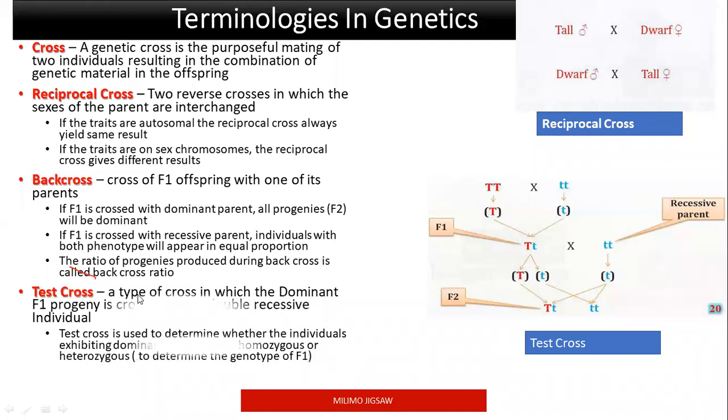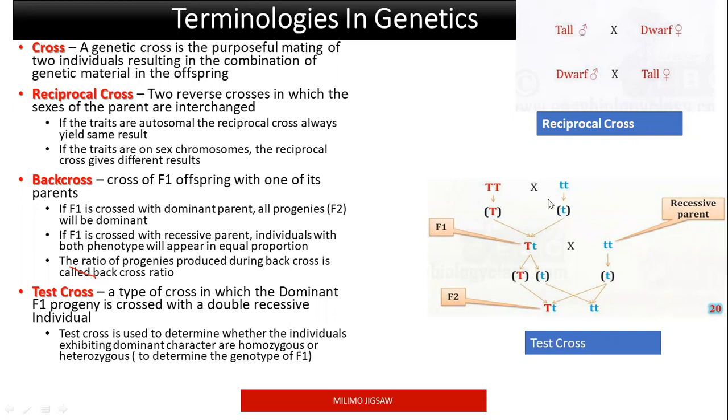And then we have what is known as a test cross. A test cross is actually a type of back cross in which the F1 progeny is crossed with its double recessive parent.